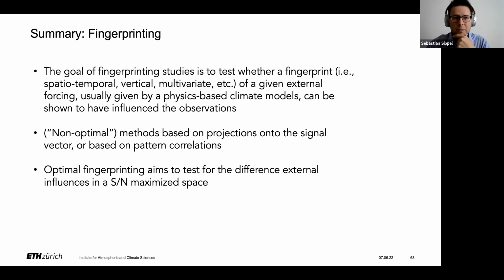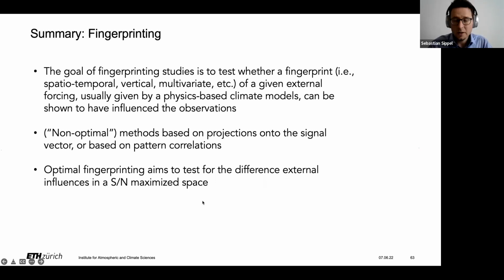These non-optimized methods are based on projections onto the signal vector. Sometimes they are also based on pattern correlations, and then seeing if internal simulations without forced changes have a different distribution. And then optimal fingerprinting aims to test for the different external influences in this signal-to-noise optimized space.